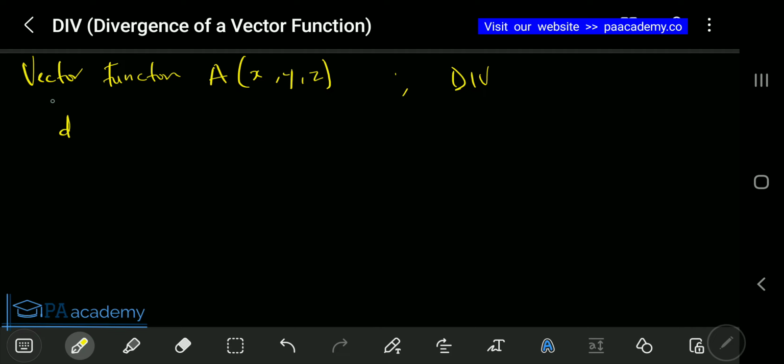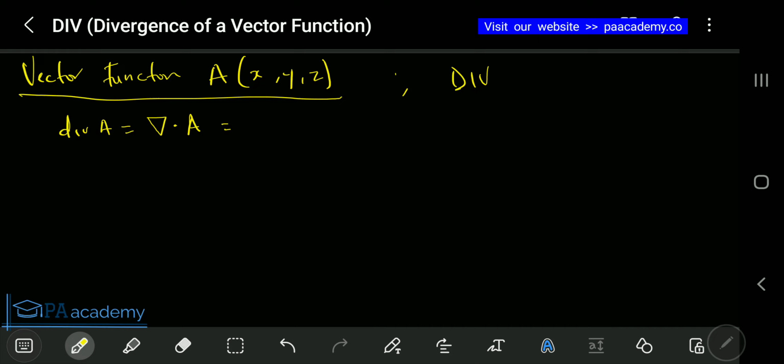You are asked to look for the divergence of A, so that will be div of A. It's also represented as the grad operator in a dot product with A.